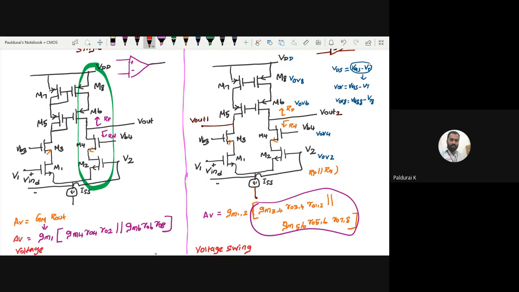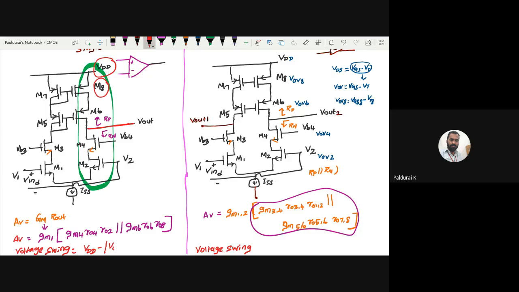Since we are measuring the output at one side only, the voltage swing is, I am applying VDD, right? VDD. But the voltage drop across M8 is actually PMOS, and PMOS means you want to take the magnitude.